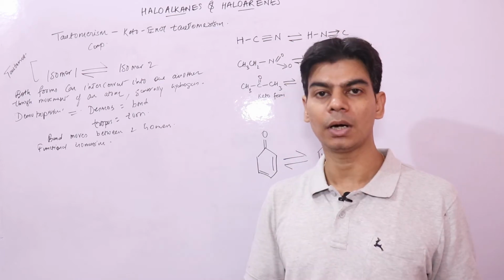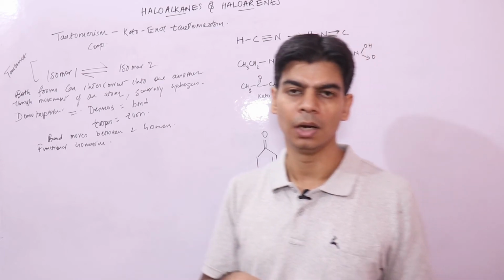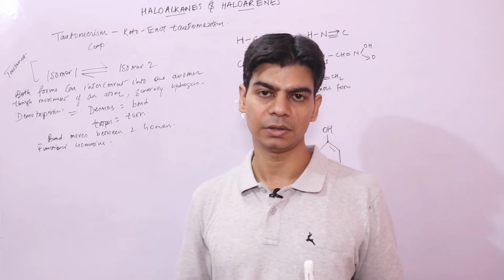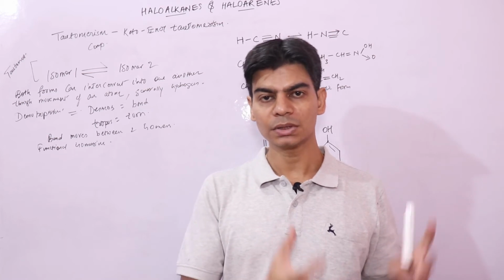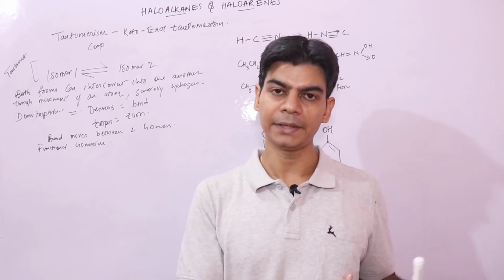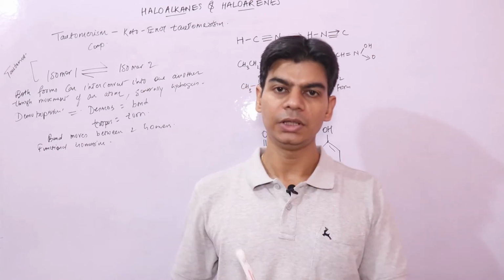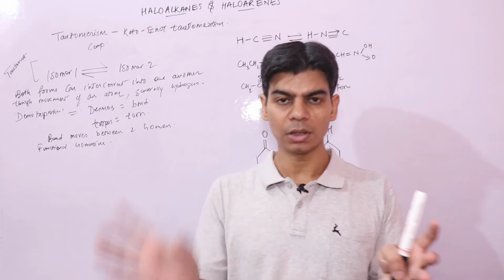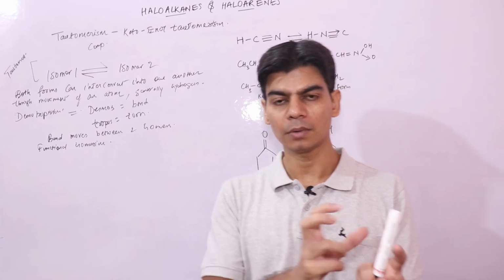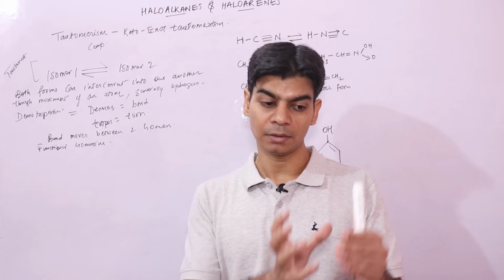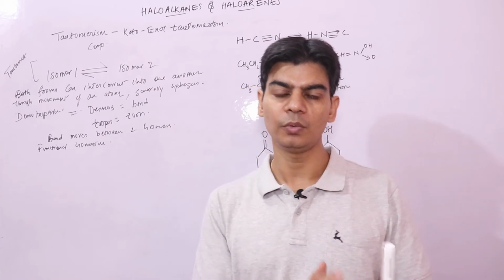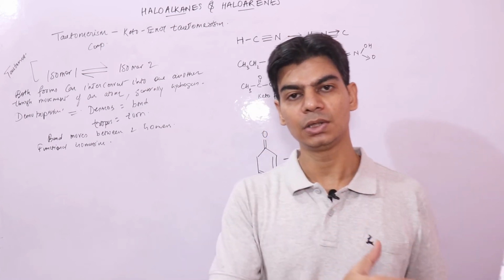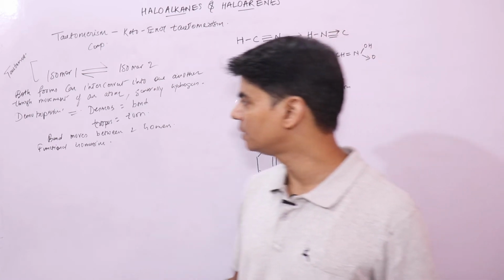When a change happens within the molecule, we call it an intramolecular change. So due to this intramolecular change, an atom will move within the molecule, and a bond also moves. A single bond will change into a double bond, or a double bond will change into a single bond. We'll take an example, then we'll understand.